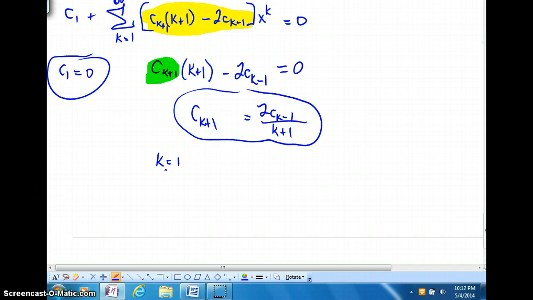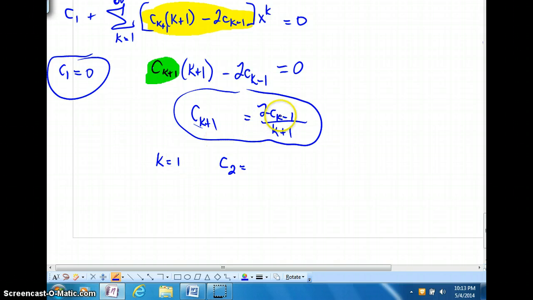Now, very often kids might say, why not just plug in a 0? Well, then look at this c sub k plus 1. We'd be back at c sub 1. We already know what that is. So I'm going to let k equal 1. That's going to lead us to know what c sub 2 is.